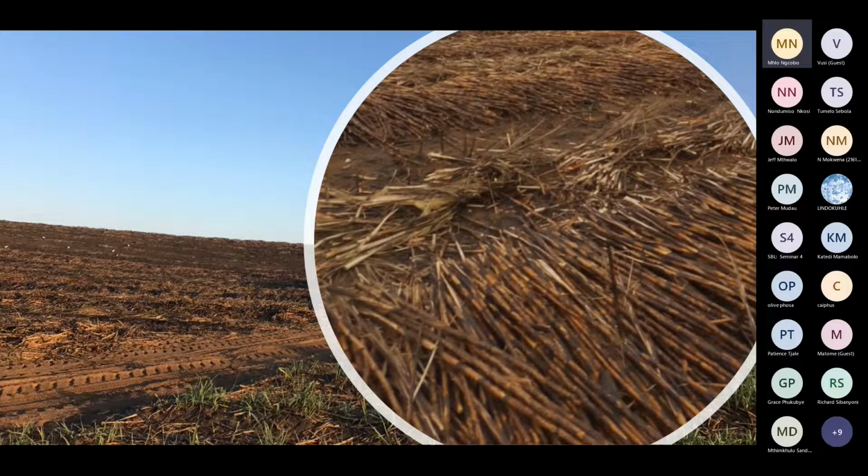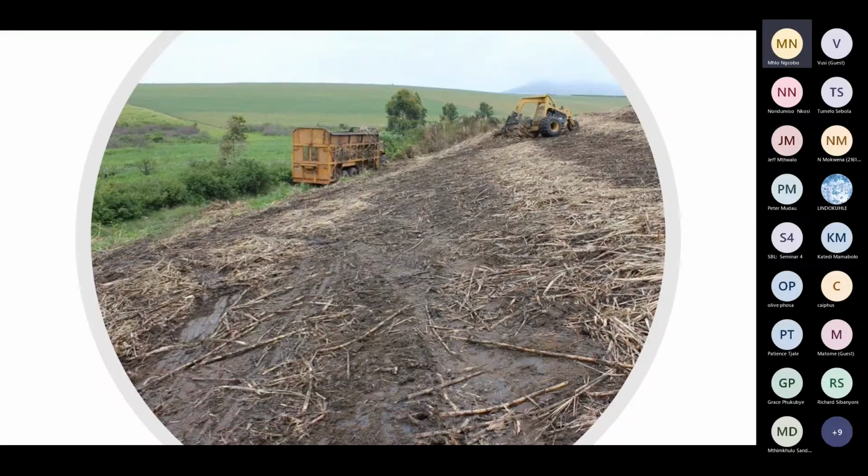What one needs to be wary of when doing harvesting is that you do not leave stumps. When you leave stumps on sugarcane, you need to do base cutting. If you leave stumps on your sugarcane, there's a major pest which has caused major damage within the sugar industry, which is Eldana.